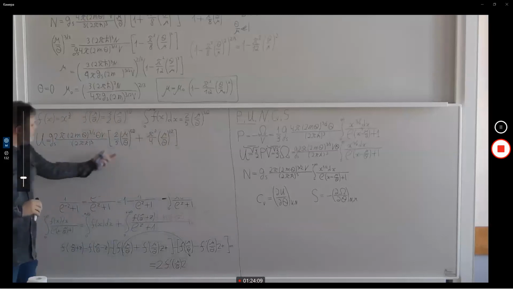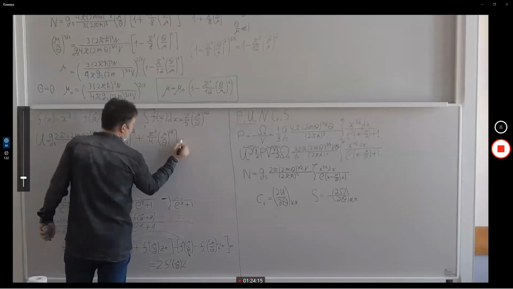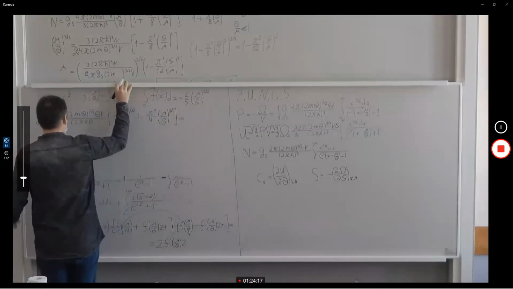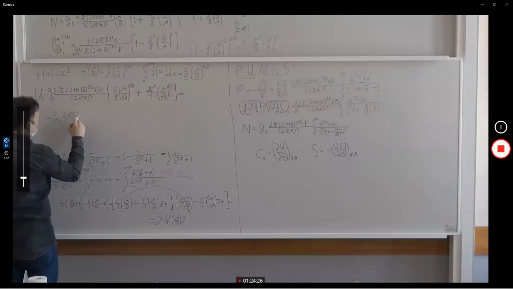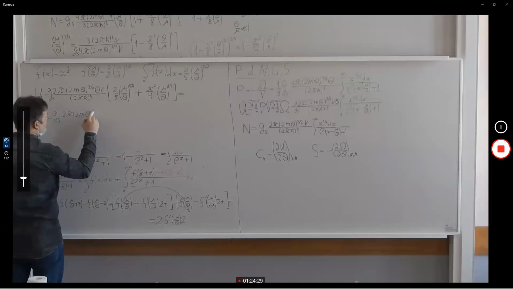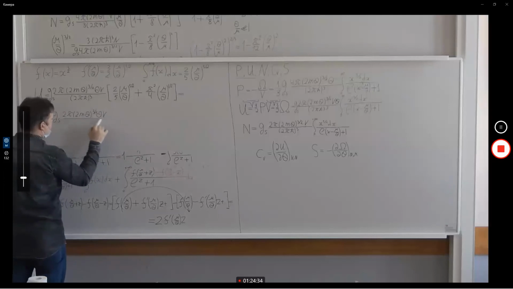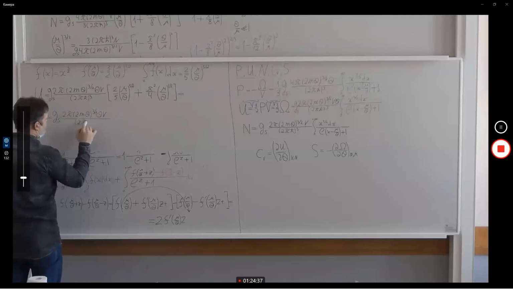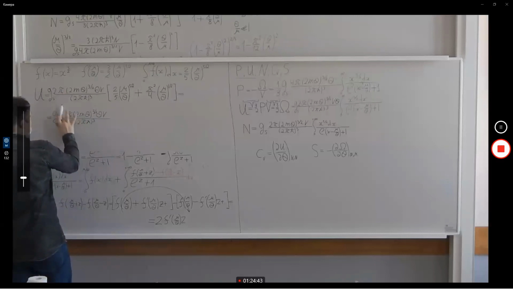And now it's convenient to take the classical contribution as a common factor. So we get g_s, 2 pi, 2m theta to the power 3/2, theta V, 2 pi h bar to the third power. Okay, it's 4, here 4, here 4, and here 5.